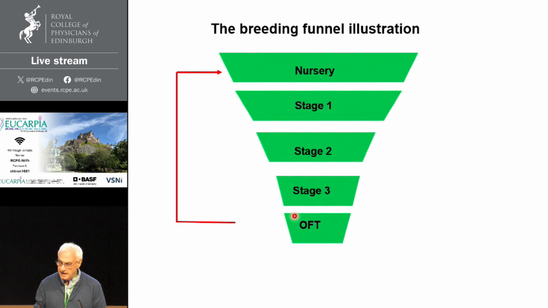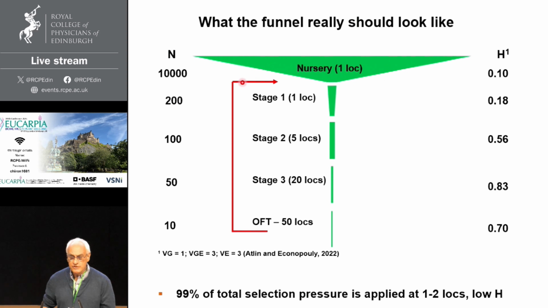And at some point in that funnel, which is represented as a kind of gentle fluting, some selection candidates are moved back into the nursery for the next cycle. But really, that funnel should look more like this.